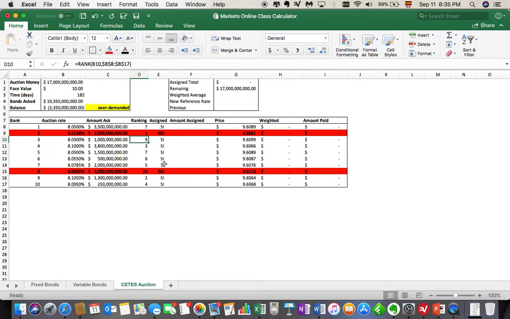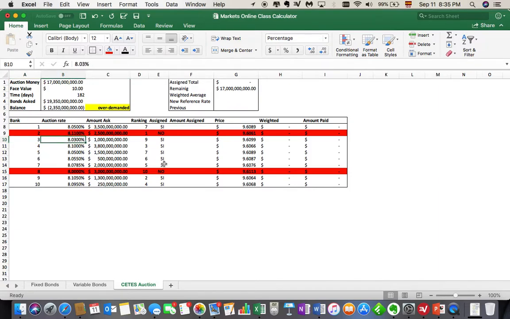Okay, now Banxico is gonna start with the second lowest rate, okay, or second highest price. So what is the second lowest? Number 9.